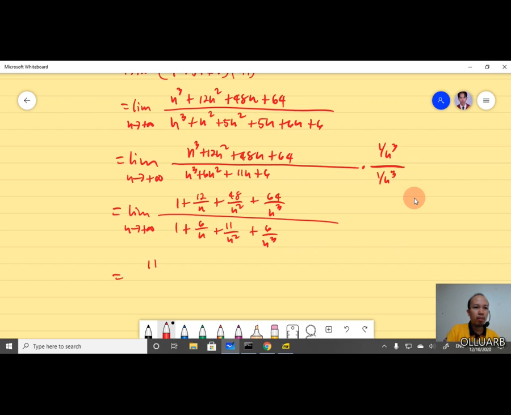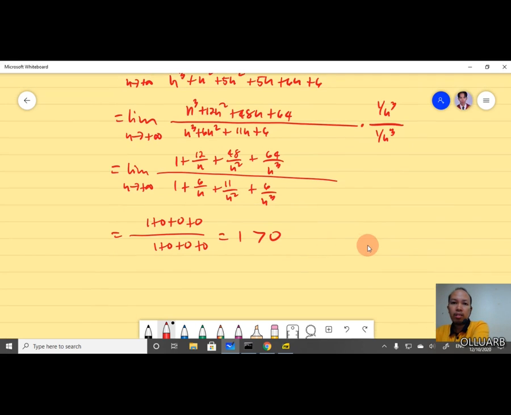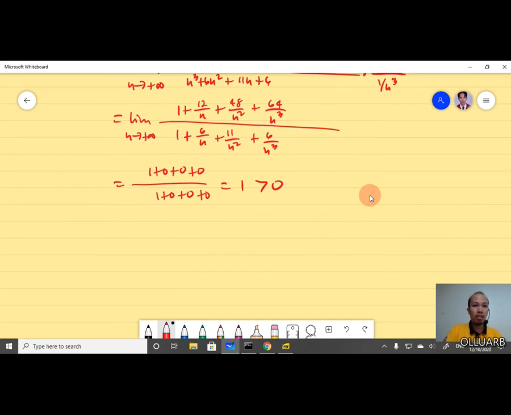So this is 1 plus 0 plus 0 plus 0 over 1 plus 0 plus 0 plus 0, and this is 1, which is greater than 0. So our B sub n is a convergent series, the test series. Therefore the original series is convergent.